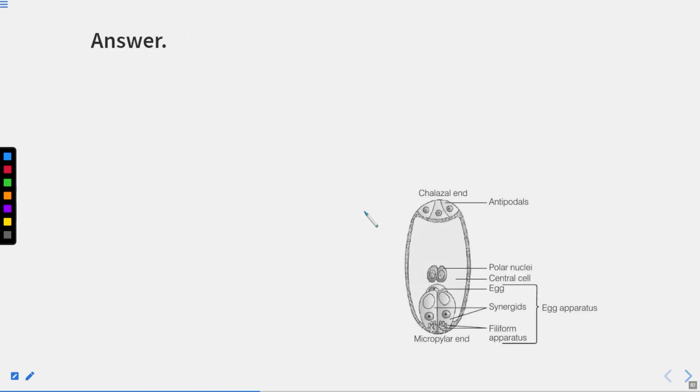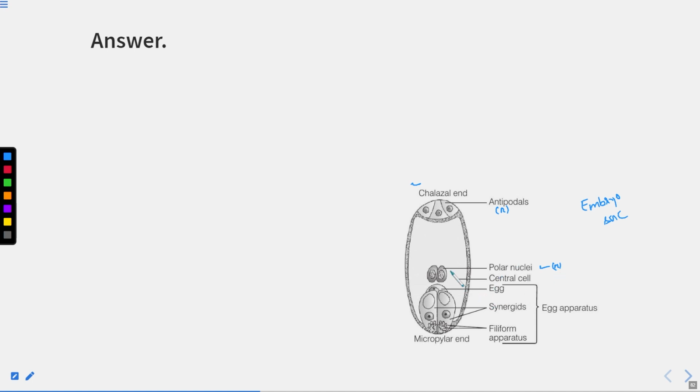So here, you can see the image of an embryo sac. Here you can see at the chalazal end, 3 antipodal cells are present. In the center, polar nuclei are present. So these antipodals are haploid. Polar nuclei are also haploid.